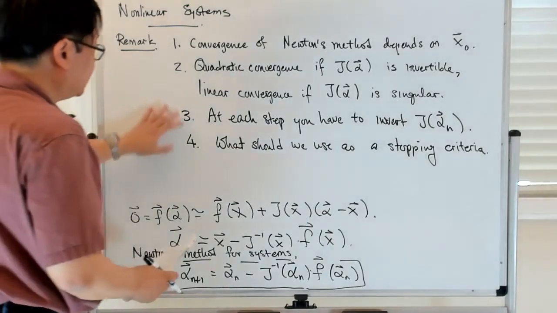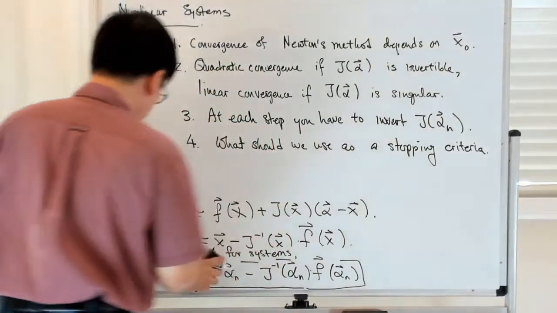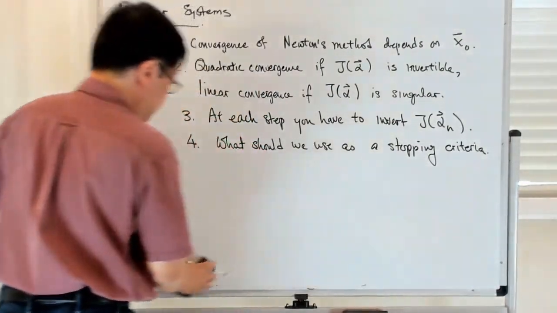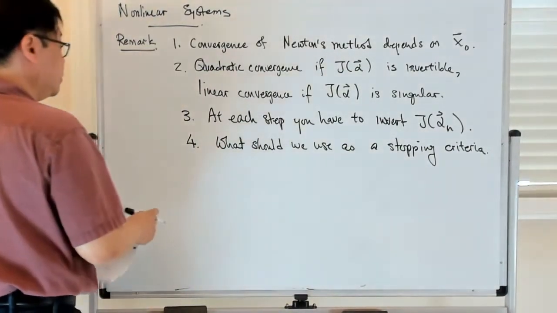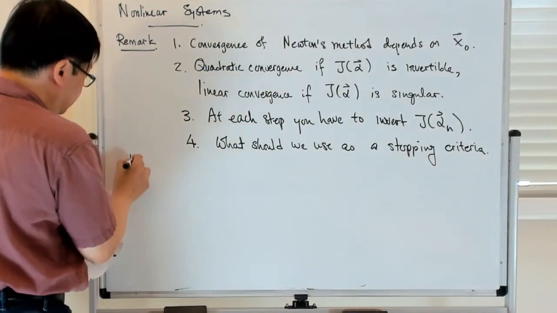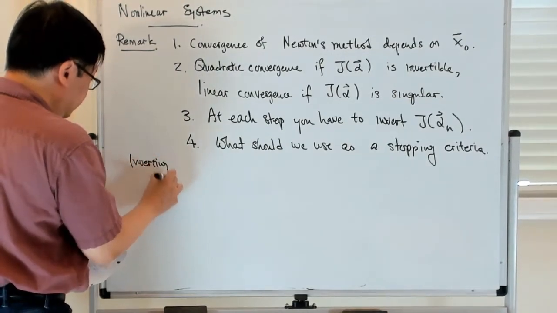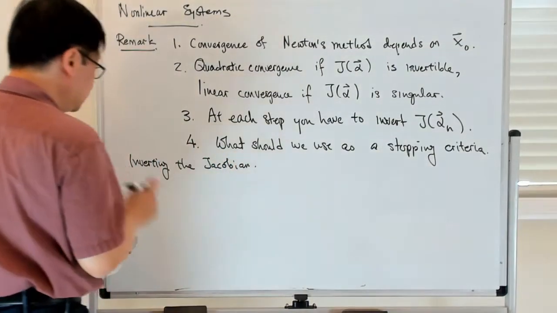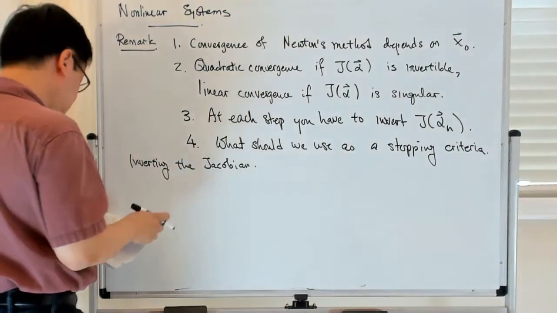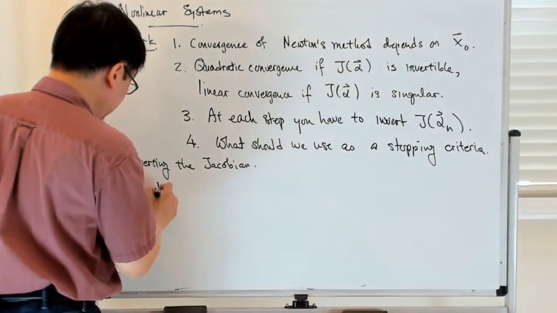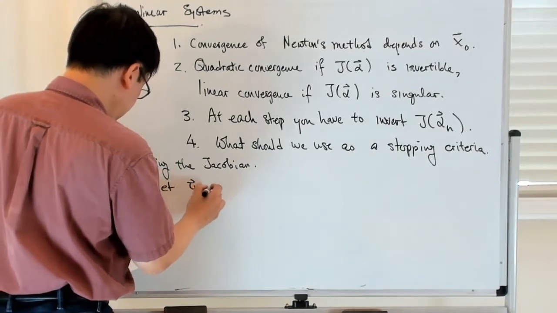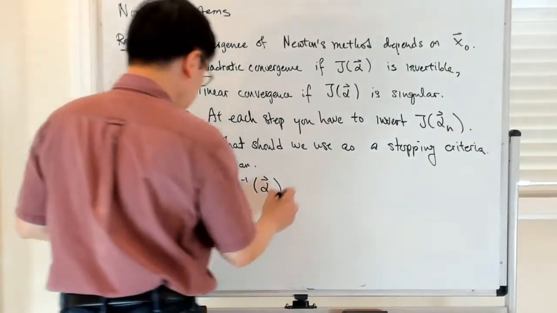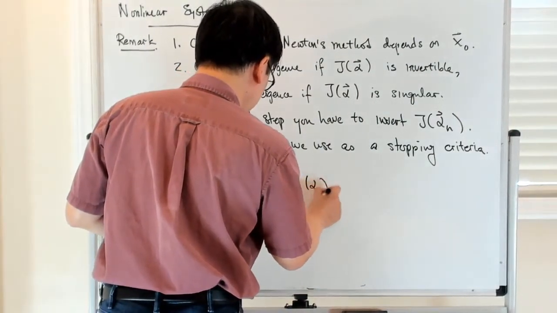So let me try to address a few of these issues. In particular, let's look at this inversion issue. Inverting the Jacobian, what you basically do is write down a linear relationship. So you let y n be minus J inverse alpha n times f at alpha n.